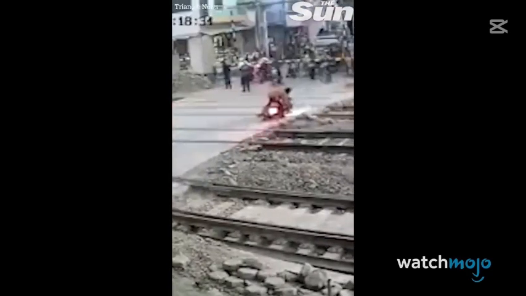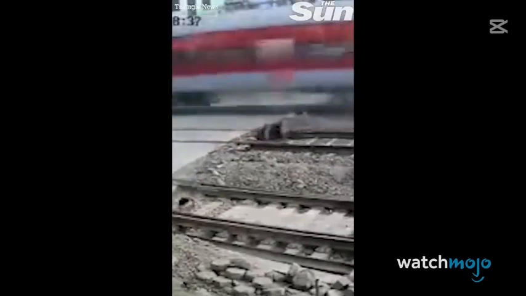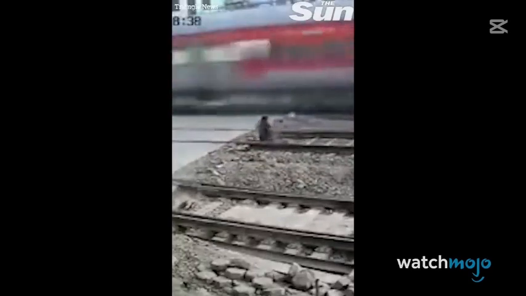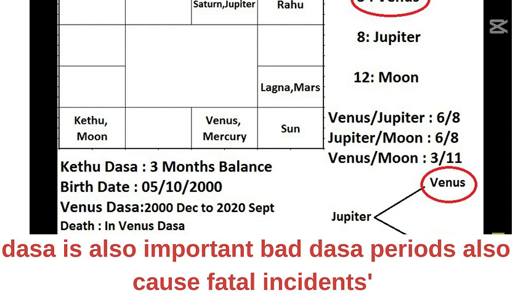When we consider the fatal period, we consider these factors in the horoscope: planets in the 8th house, the lord of the 8th house, the sublord of the 8th house, planetary vision for the 8th house, dasa or sub-dasa periods, and the sublord of the first house.